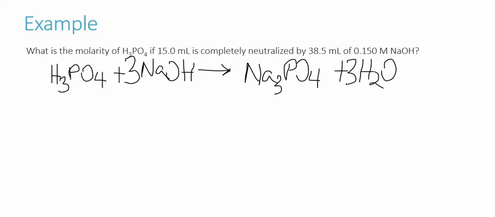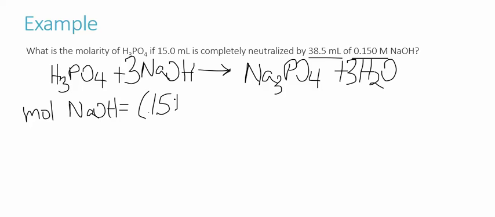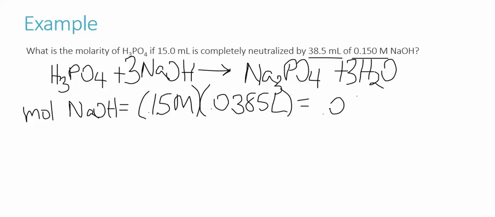Wherever I have 2 numbers, that's where I start. So I'm going to start with NaOH. I'm going to find the moles of NaOH by taking the concentration, 0.15 molar, multiplying by the volume, 0.0385 liters. So 0.058 moles of the base, NaOH. First step.